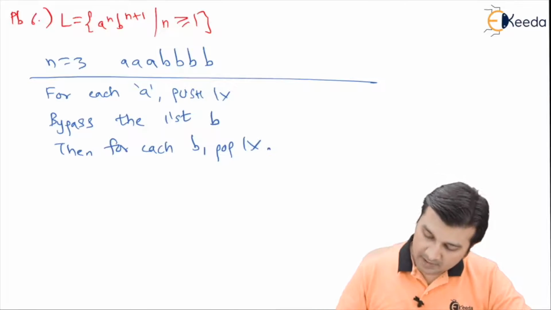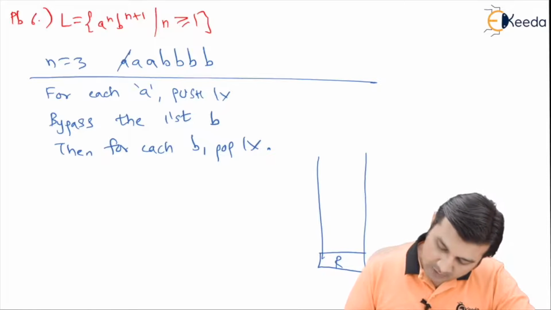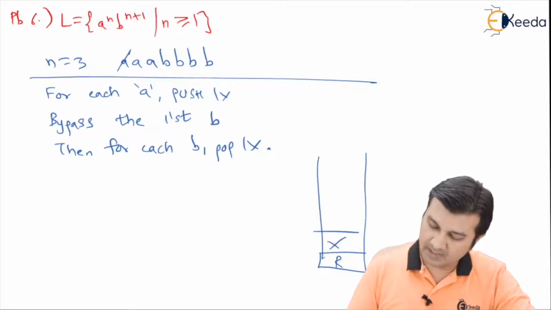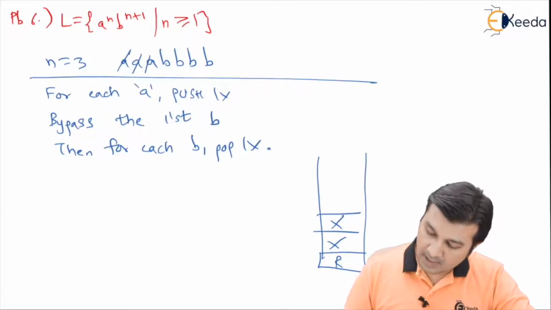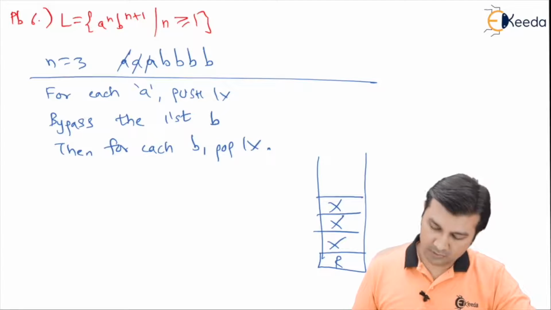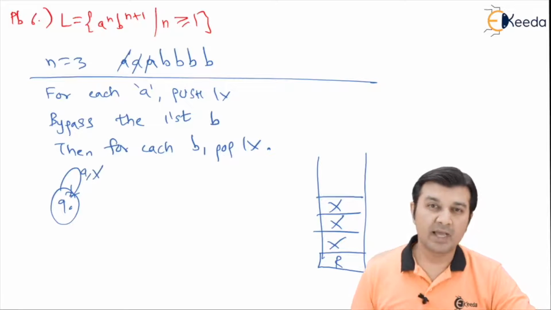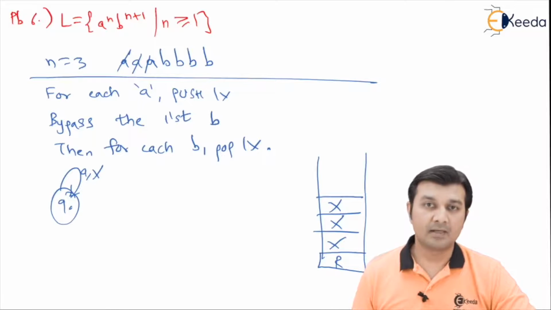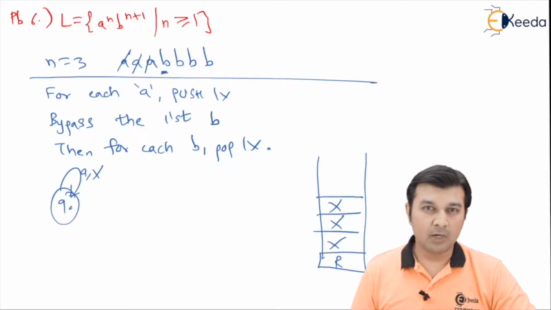What I mean by that, if you have a stack over here, if the input symbol is this, the moment you receive a, push 1x, another a, push 1x, another a, push 1x. So since I'm in state q0, I receive a and I keep on pushing x into the stack. Now I receive the first b, and if you remember the logic, it says bypass the first b.